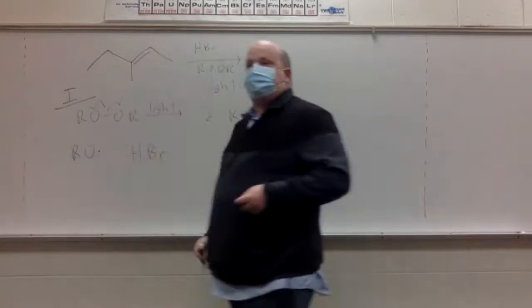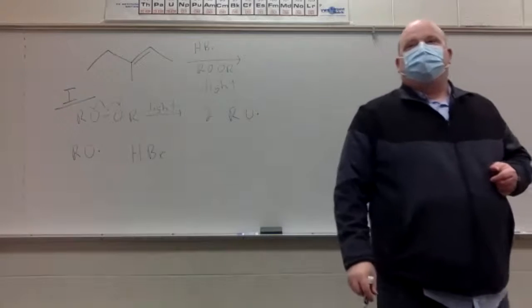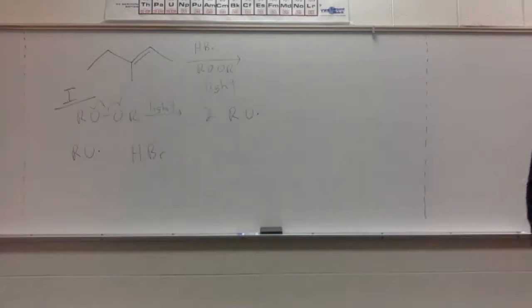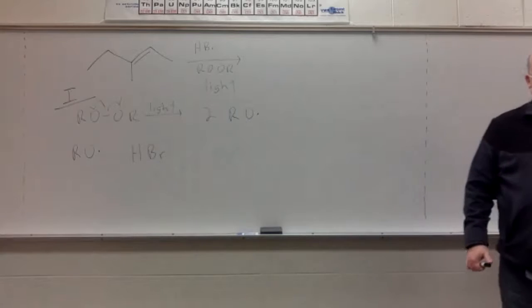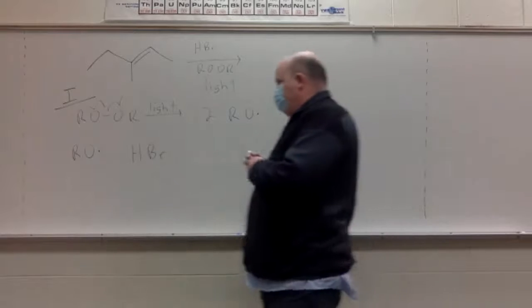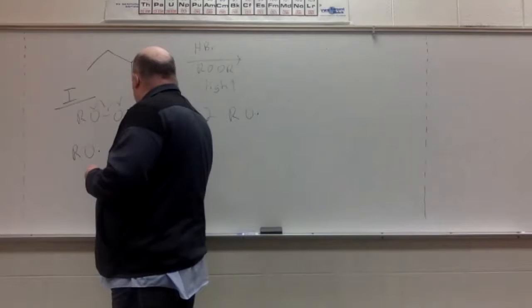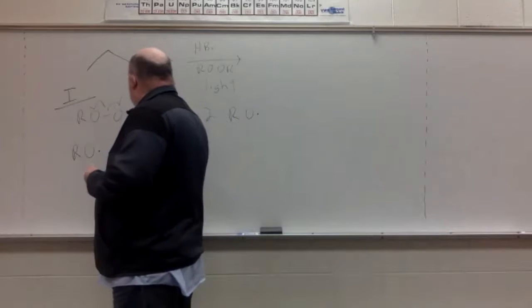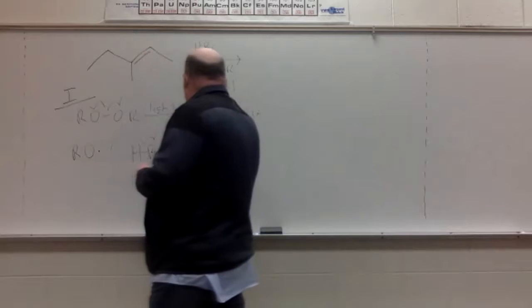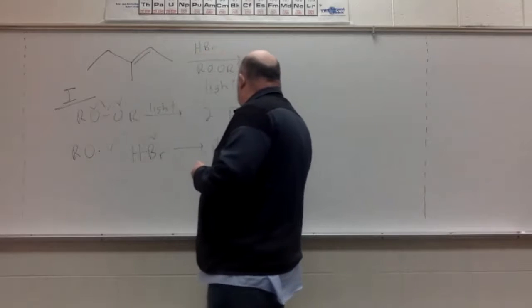How does it interact with HBr? What does it do? The Br turns into a radical. Yeah, it plucks off an H radical, and it makes an alcohol. Now, the alcohol is not important.